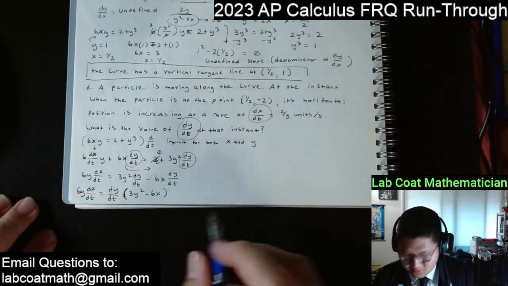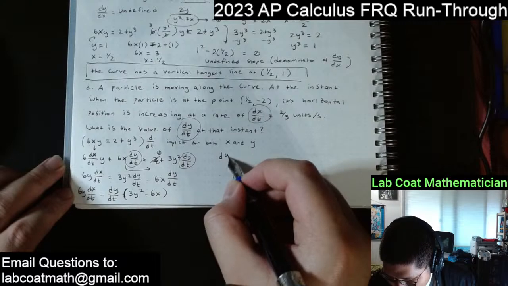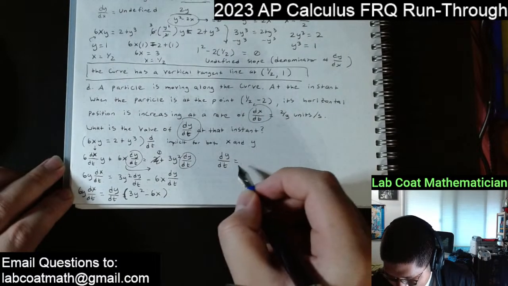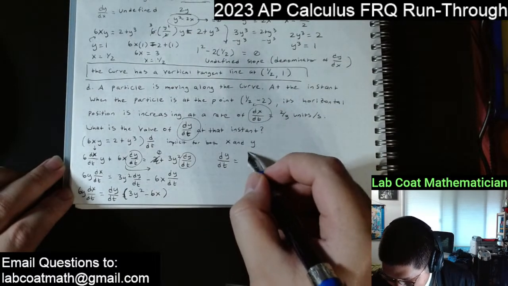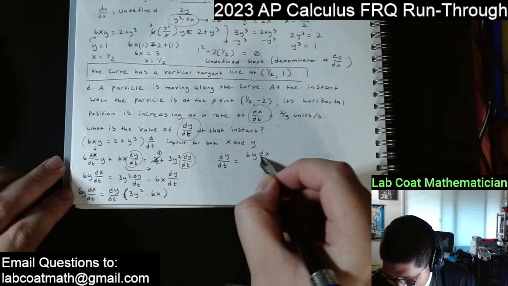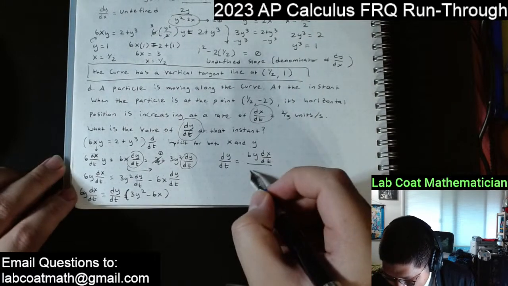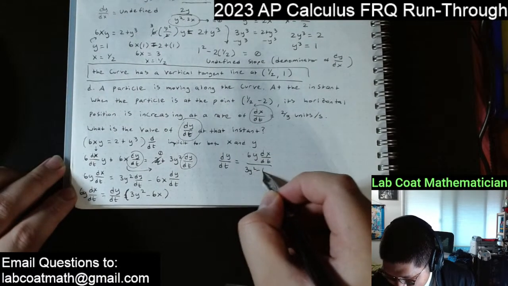And so we can then isolate for that dy over dt that we are looking for at the start of the problem to be equal to 6 times y times dx over dt all over 3y squared minus 6x.